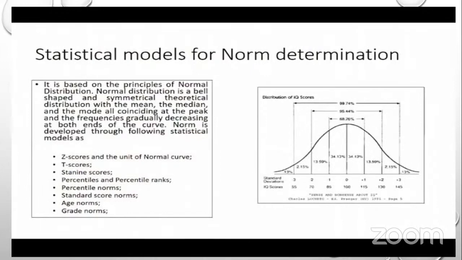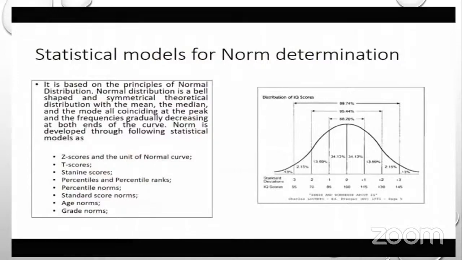That is the reason why it is called Stanine, because it is divided into 9 parts, and mostly Stanine scores are used to interpret achievement tests. So that is about Stanine and STEN scores. We will discuss percentiles and percentile rank in the next class when we are calculating percentiles and percentile ranks.